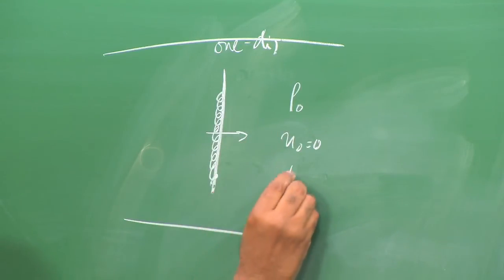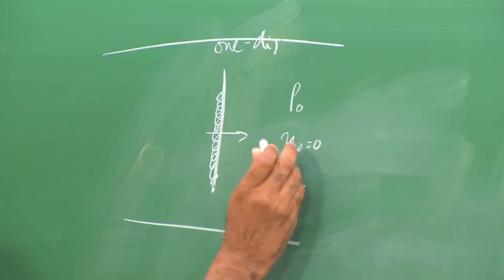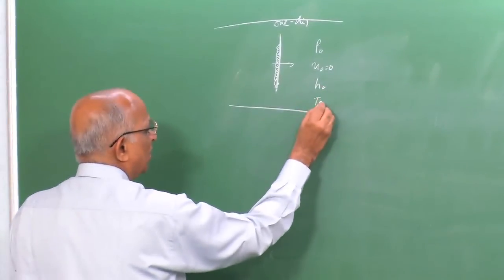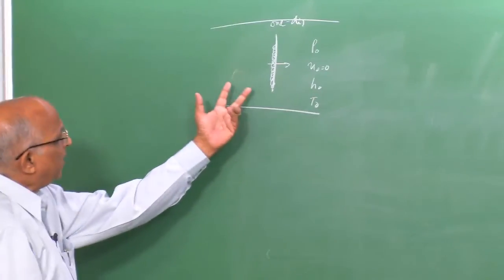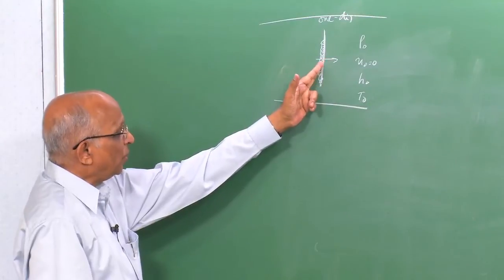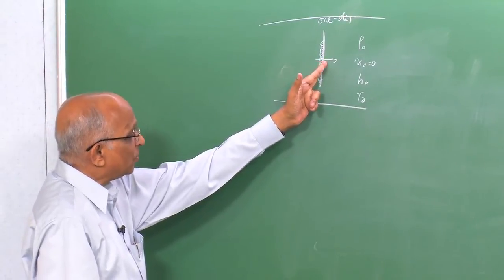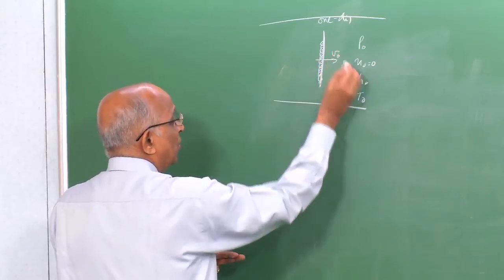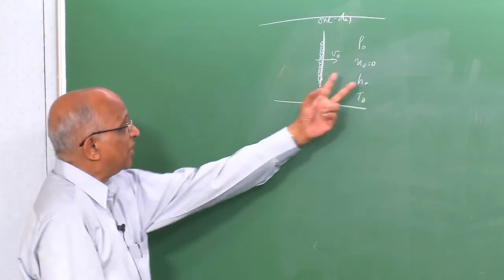Let its enthalpy be h0 and its temperature be T0. Behind the detonation wave, that means a shock supported by chemical reactions, the chemical reactions drive the shock, let us say it travels with a velocity v0 into this particular medium which is at rest.